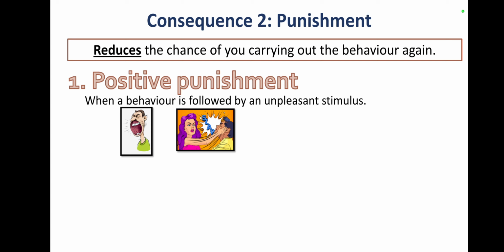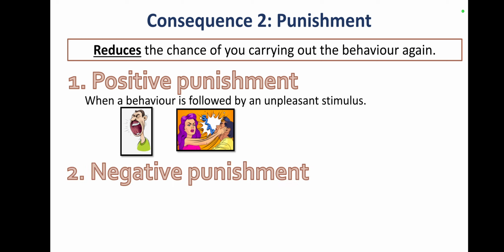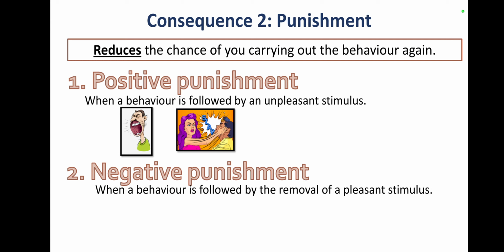So for example, if you perform a behaviour and you get told off for it, it results in an argument, or if there's a physical punishment associated, hopefully you won't do that again. Negative punishment, on the other hand, is trying to get you to avoid repeating a behaviour by taking away something that you do enjoy.